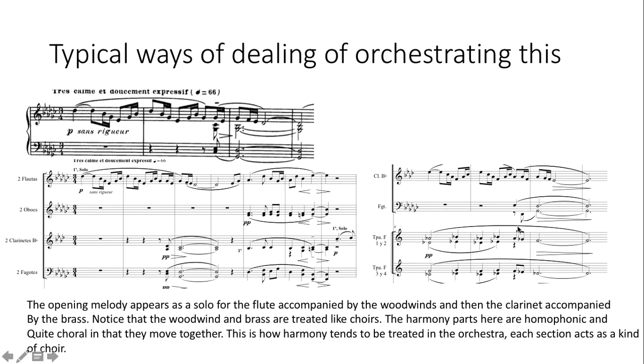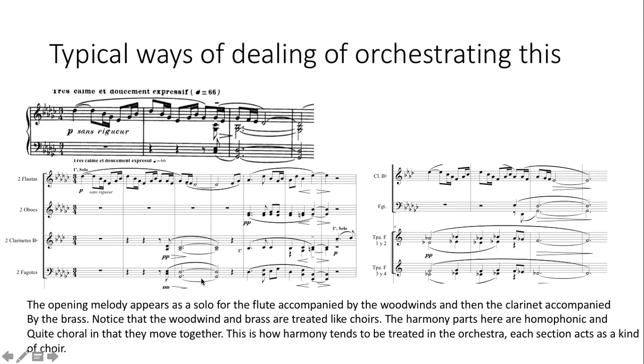And when we're in the clarinets, the accompaniment changes, and it is covered by the bassoons at the bottom of the texture, but mostly by the horns. So the horns cover the chords under the clarinets.